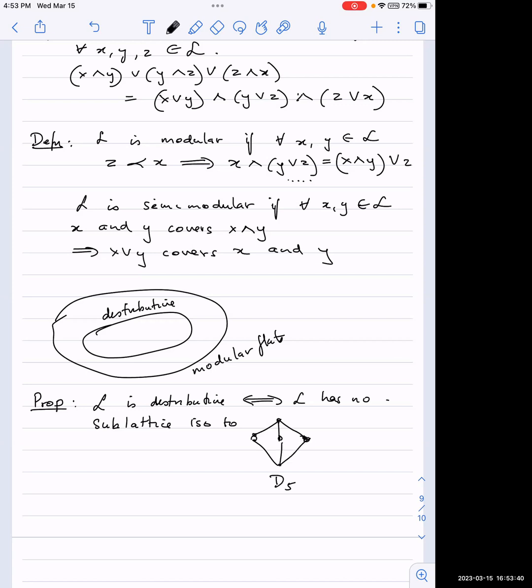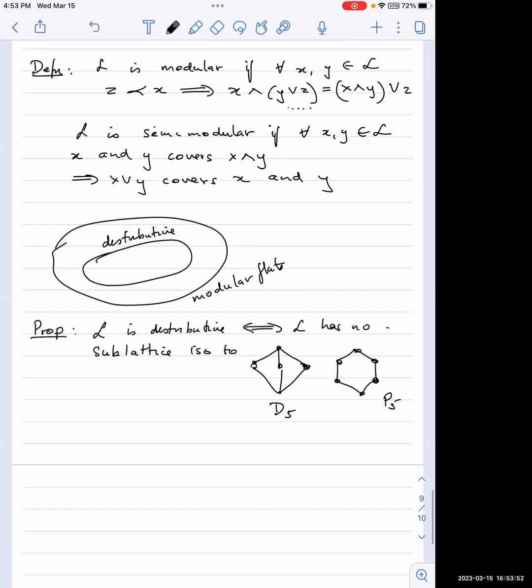This is called D5, and I think this is not a cycle. This is a Hasse diagram of a lattice. This is P5 or something. No, yeah, you're right. So you don't have these two structures.